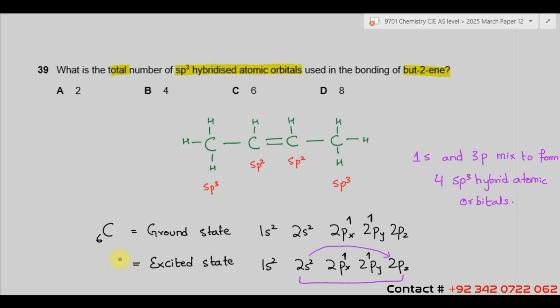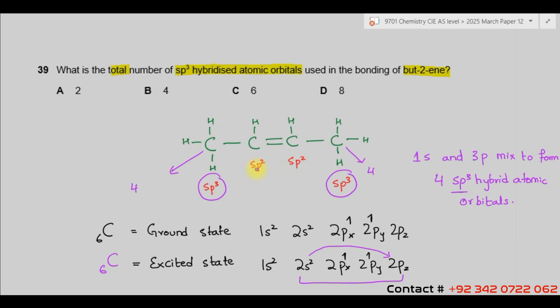Alright, so let's see. 4 sp3 hybrid atomic orbitals are made by one carbon. So it means this carbon has 4 hybridized atomic orbitals, and this carbon also has 4 hybridized atomic orbitals because these 2 carbons are sp3 carbons. sp2 mixing is different.